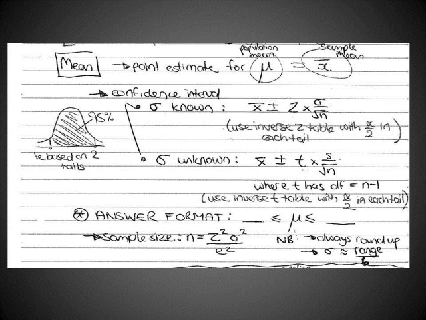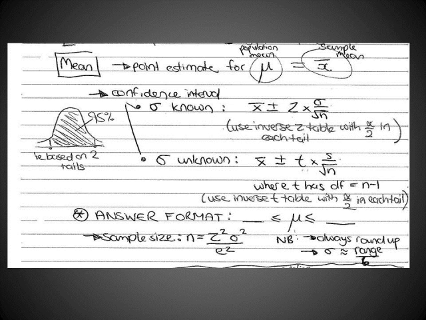If we know how big we want the interval to be, we know the level of confidence and therefore know z, and we know our population standard deviation, we can in fact solve for n and work out how big our sample size should be to achieve that particular width. Keeping in mind, of course, that the wider our confidence interval becomes, possibly the less useful it's going to be to us. So we want it to be as confined as possible.